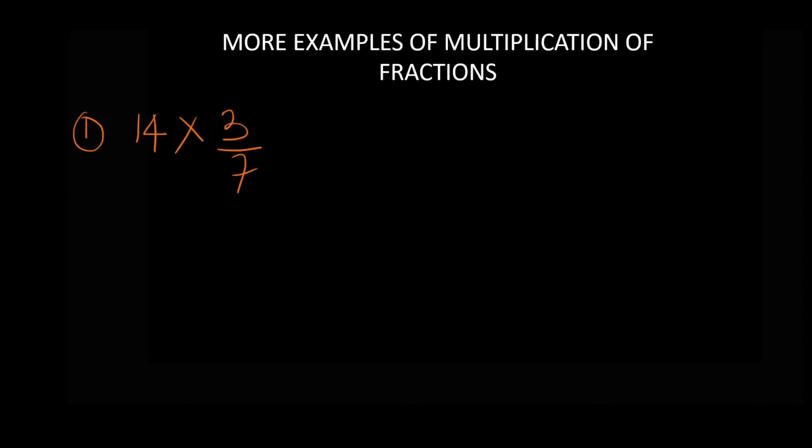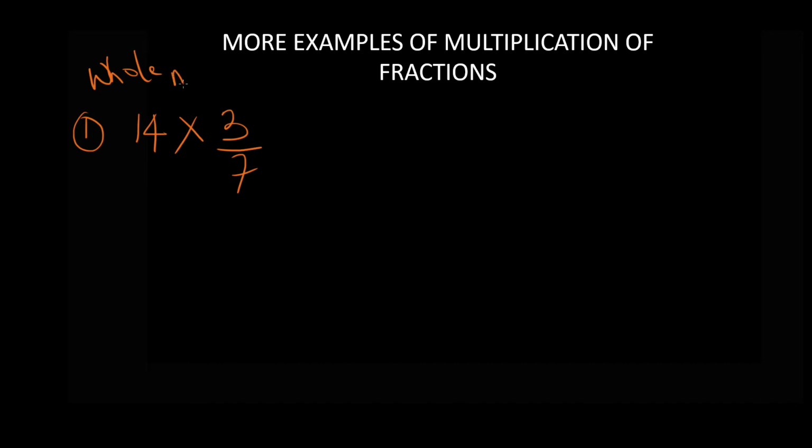Today, we're going to be looking at more examples of multiplication of fractions. If you take a look at this example, it says 14 times 3 over 7. 14 right here is a whole number.